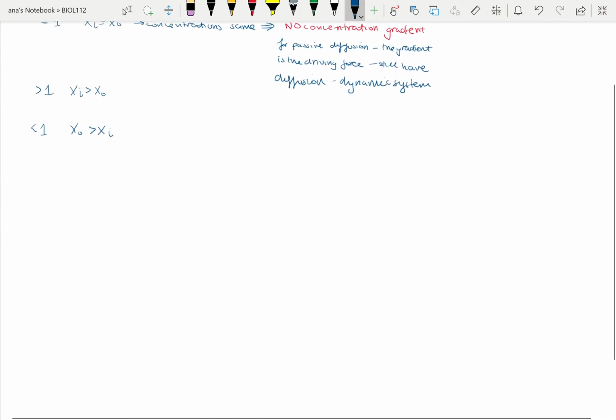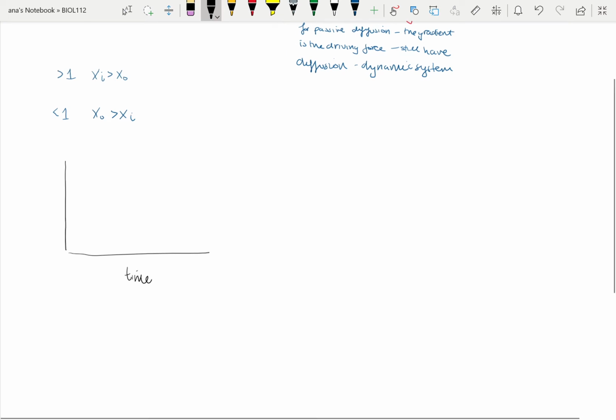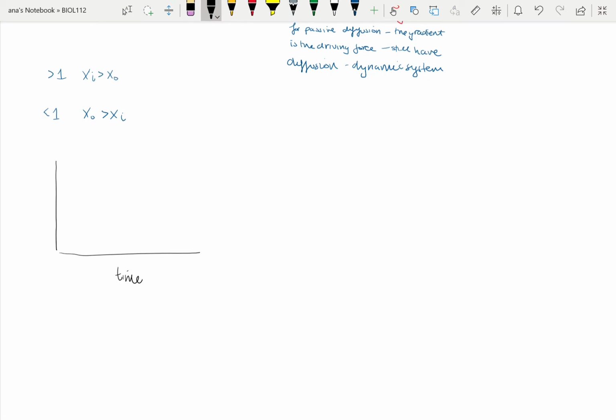So I think the next thing I'm going to touch on is the basic idea of those graphs. The first thing you'd want to set up is drawing your axes, right? Your x-axis is time, and your y-axis is this concentration ratio.